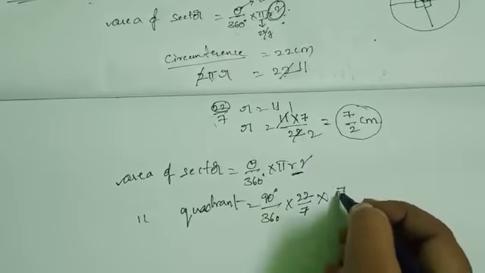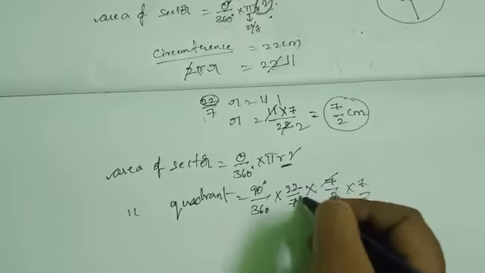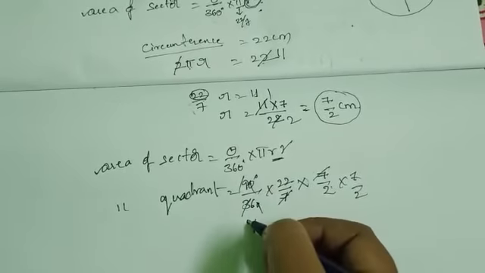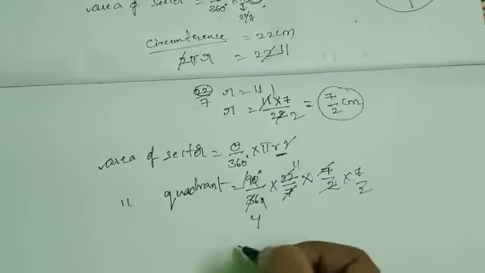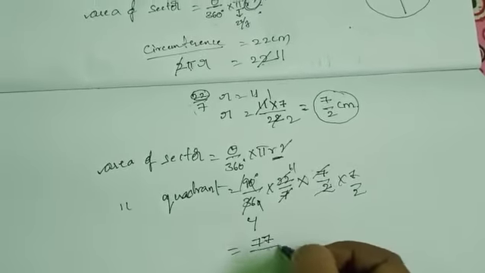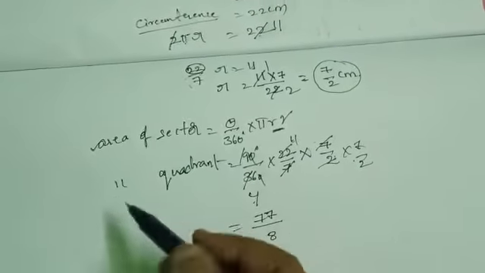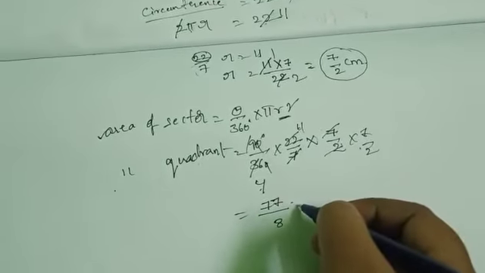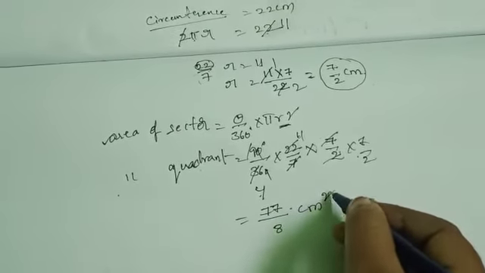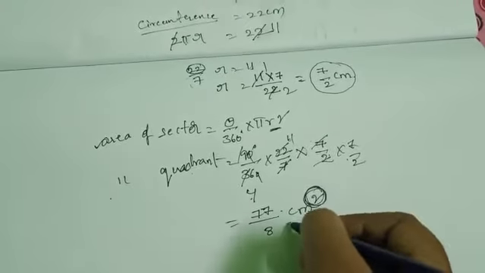R square is 7 by 2 into 7 by 2. 7 gets cancelled. 11 sevens are 77, 4 twos are 8. So the area of the quadrant equals 77 by 8 centimeters square. Area units are square units, square centimeters.